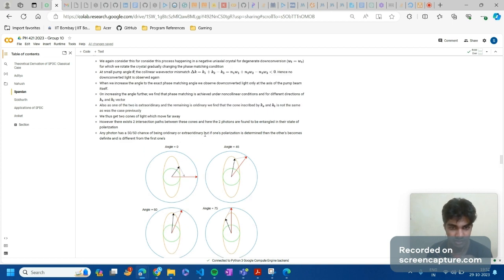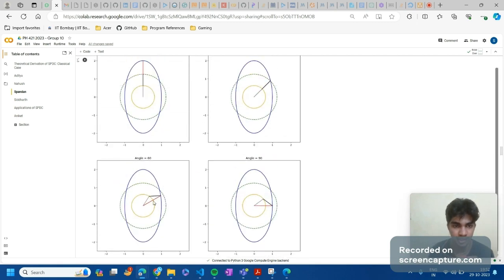And because of this, the type 1 and type 2 beams differ in the fact that in the type 2 beam we get two cones, and both of these cones walk away from each other. As you can remember, in the type 1 beam, as both of them are identical, the cone formed by both the signal and the idler beams is the same.